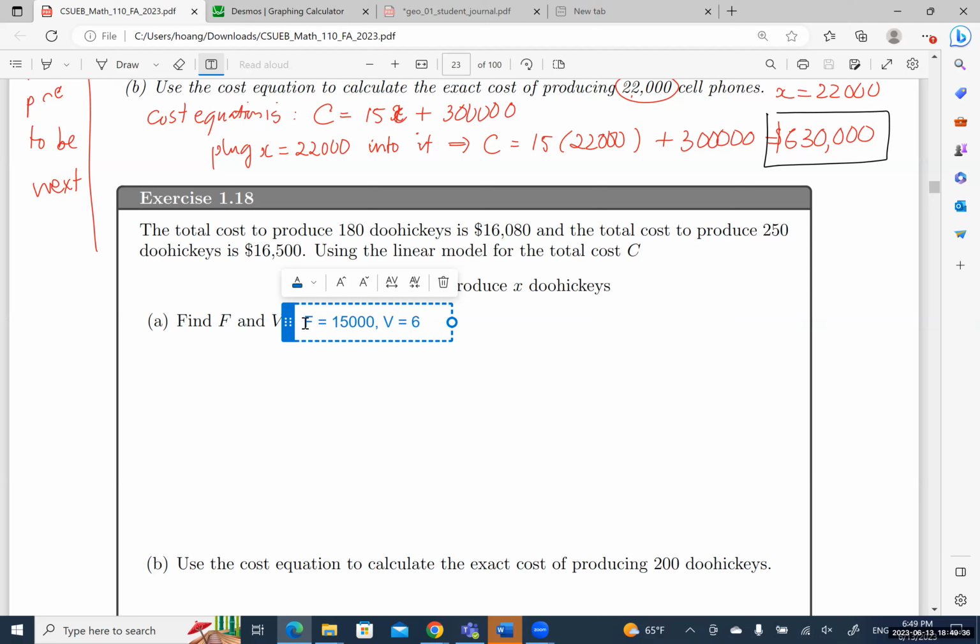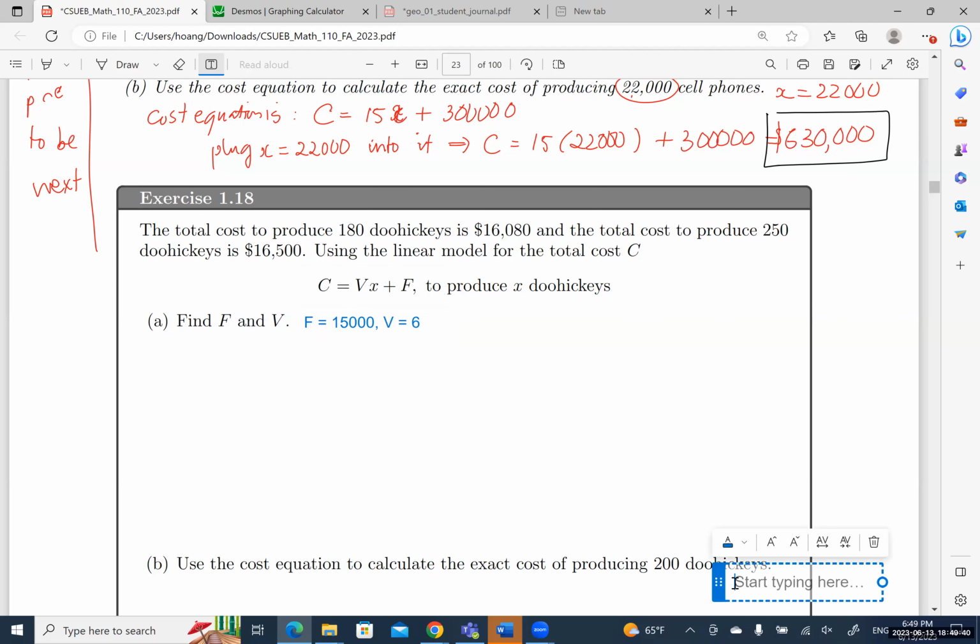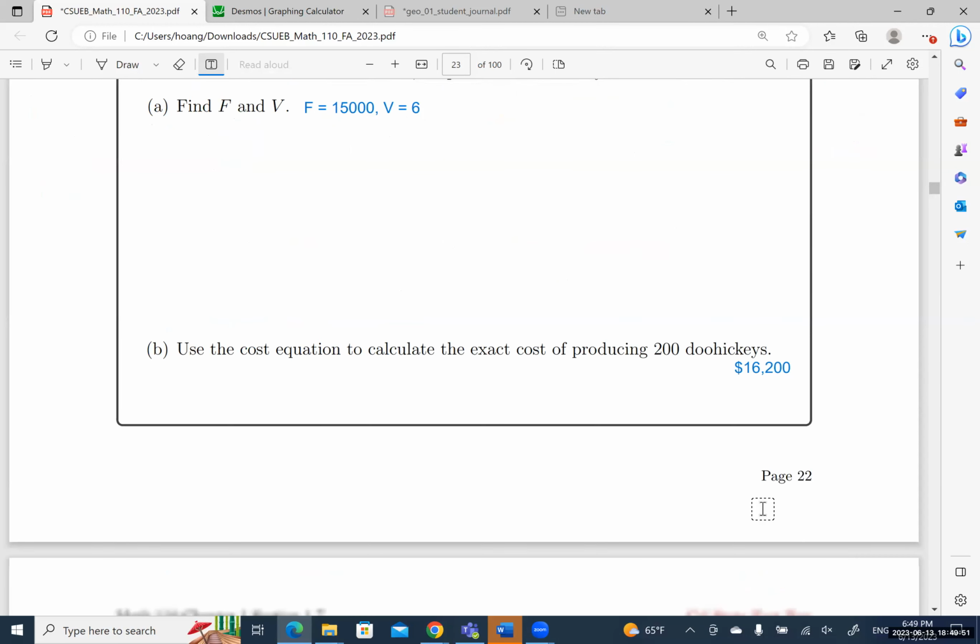You can try that to find out, okay? And the answer key for part B is going to be 16,200. Okay. So you can practice on this one, okay?